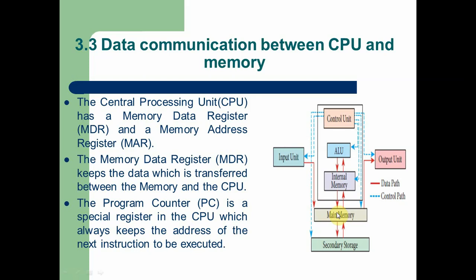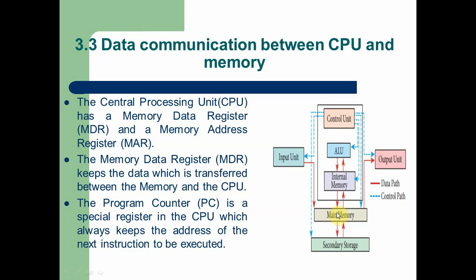The next term we learn is the program counter, PC. Generally PC means personal computer, but here we call it the program counter. It is a special register in the CPU which always keeps the address of the next instruction to be executed by the ALU.